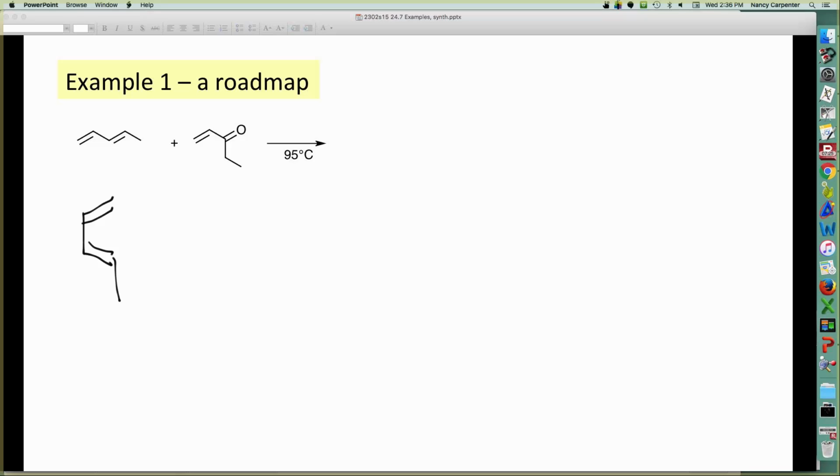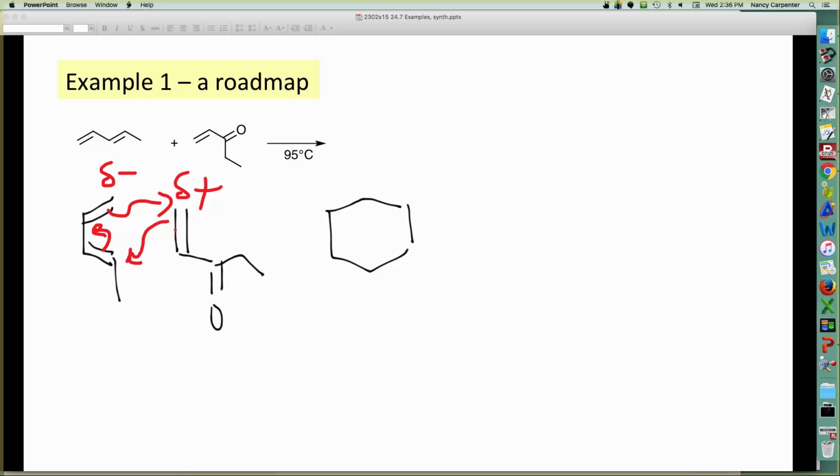Make sure you think about your resonance contributor that shows the delta minus on that diene is here, and that the delta positive on your dienophile is here, and you line these guys up appropriately to make your Diels-Alder product, which looks to me like it should be this guy. And we're not going to pay any attention to stereochemistry just now. So that's the predicted product for the first step.